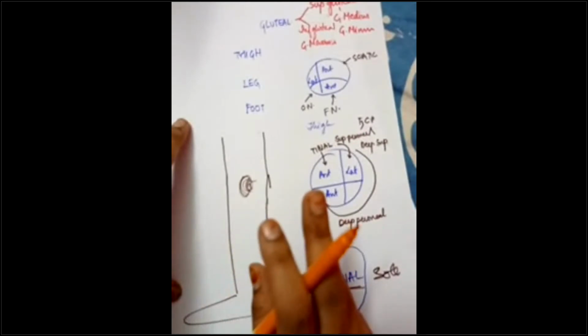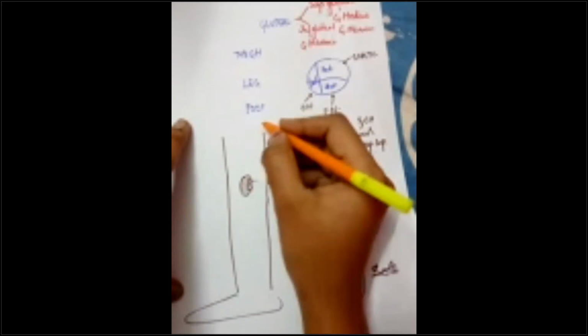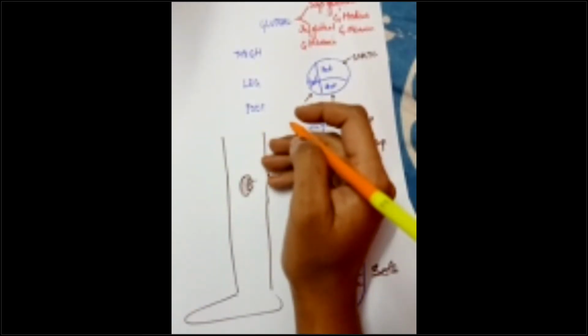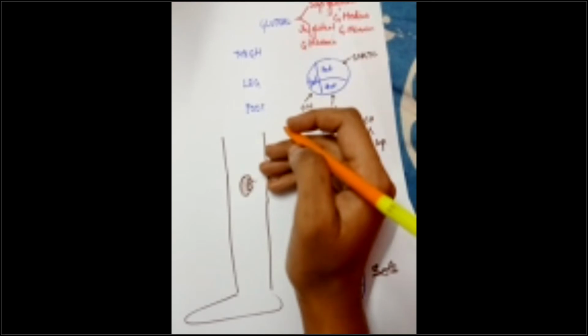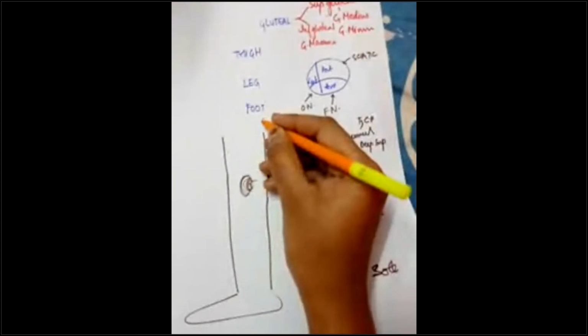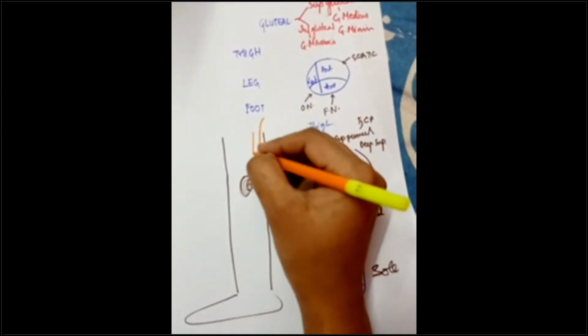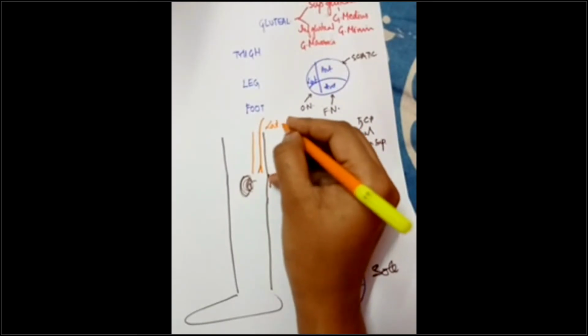Quickly tell me the root value of the lateral cutaneous nerve of thigh. L2, L3. Yes, nice. L2 and L3. So your lateral cutaneous nerve of thigh, as the name suggests, will supply the lateral part. Done.